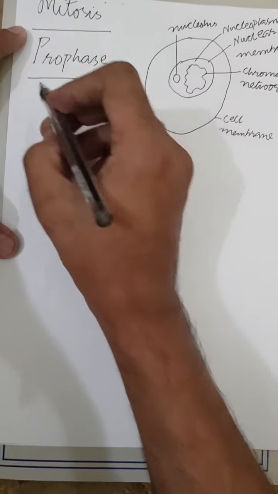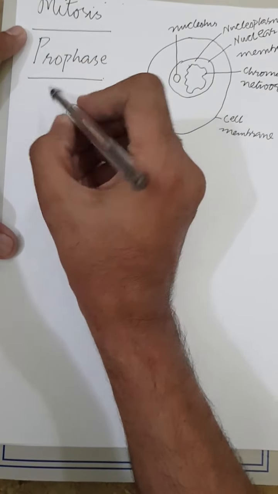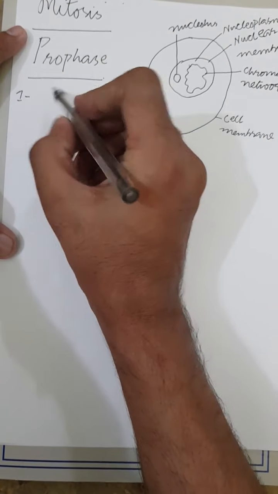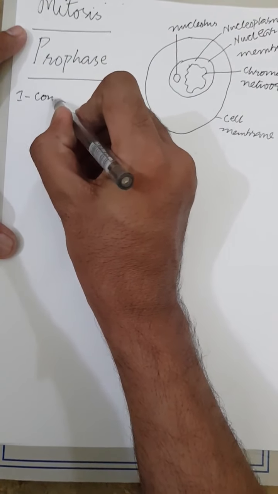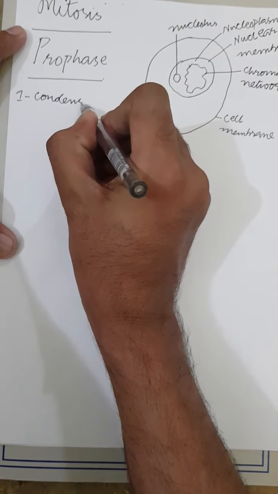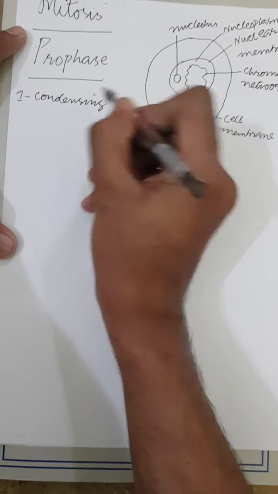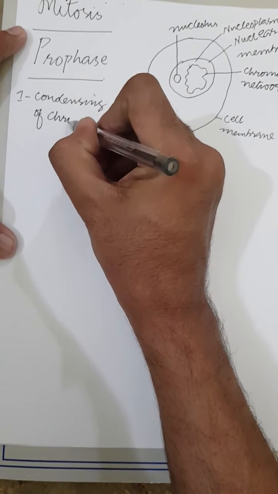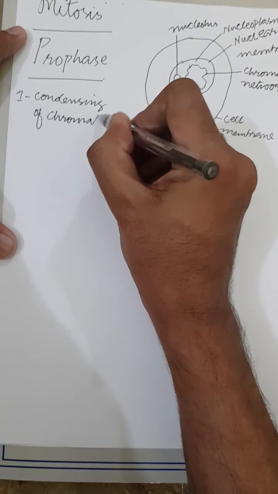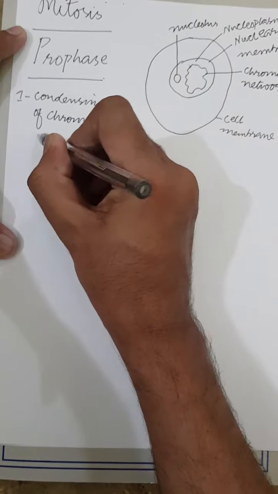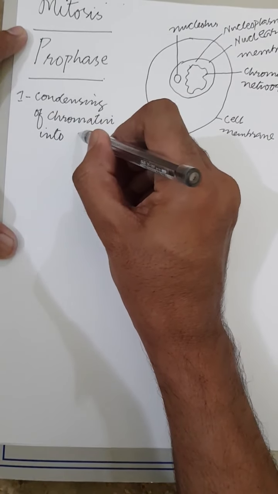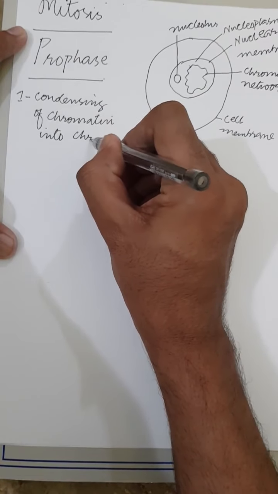So the very first task that is to be done in the prophase is the condensing of chromatin into chromosomes.